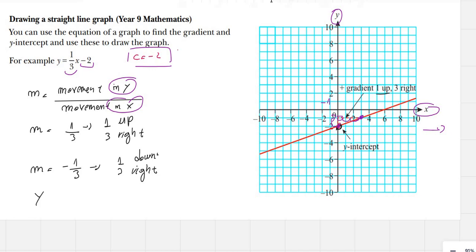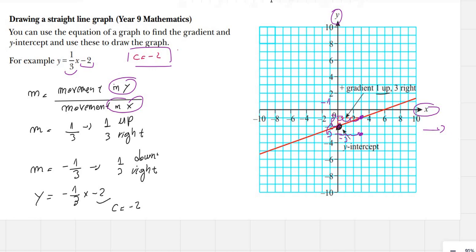If my equation were 1/3 x minus 2, then since the value of c is minus 2, the y-intercept is the same value. But now you have to move 1 down, so you go to minus 3, and you move 3 to the right. 1, 2, 3. So the second dot will be like this one.